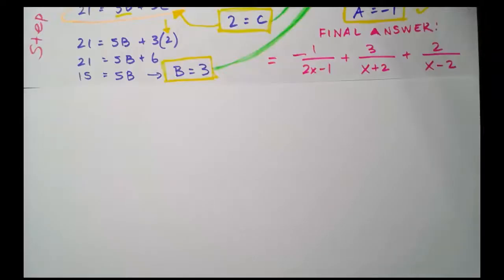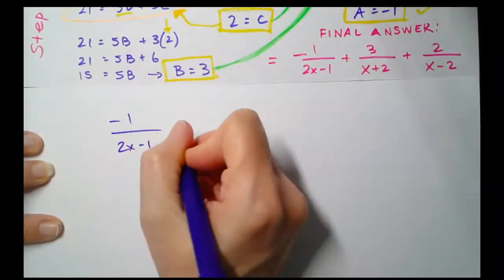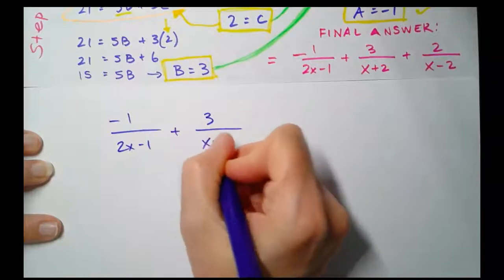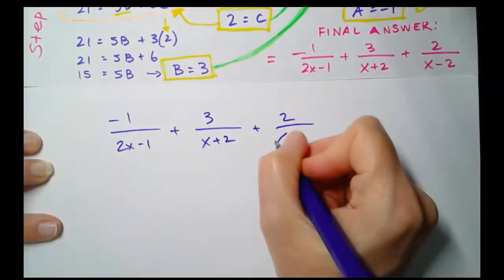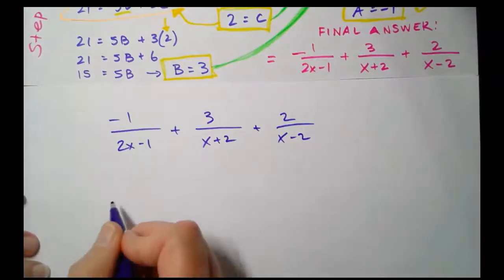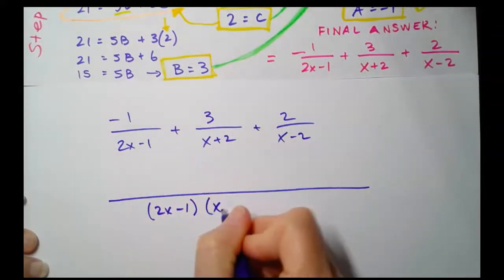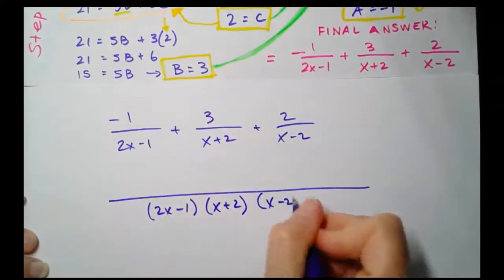Now, just to give this a quick check so you can see how this works, we are going to add these 3 fractions back together. Negative 1 over 2x minus 1 plus 3 over x plus 2 plus 2 over x minus 2. We get a common denominator, which is just going to be multiplying everything back together. 2x minus 1, x plus 2, x minus 2.